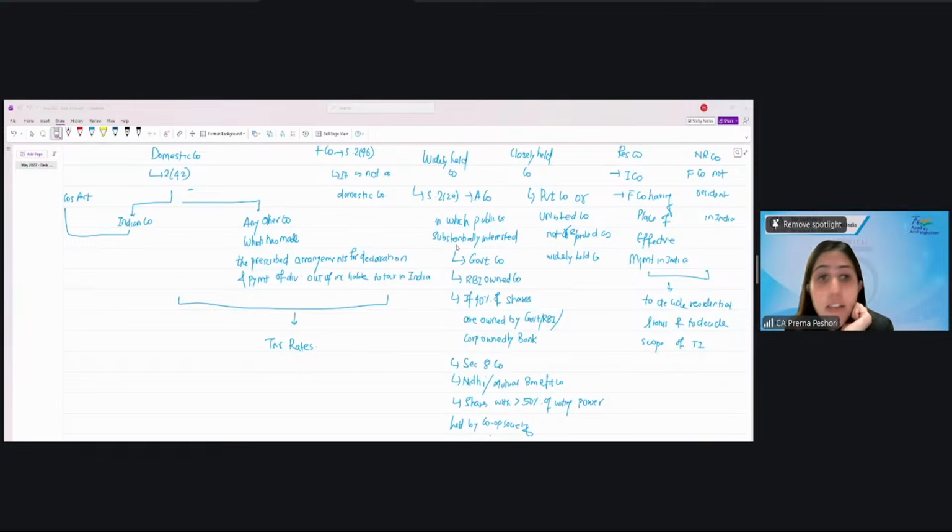Now there is one more case law in your module, which is on the receipt of liquidated damages. So let's say, for example, you are a supplier of plant and machinery, and you supplied the plant and machinery a little late to the buyer.